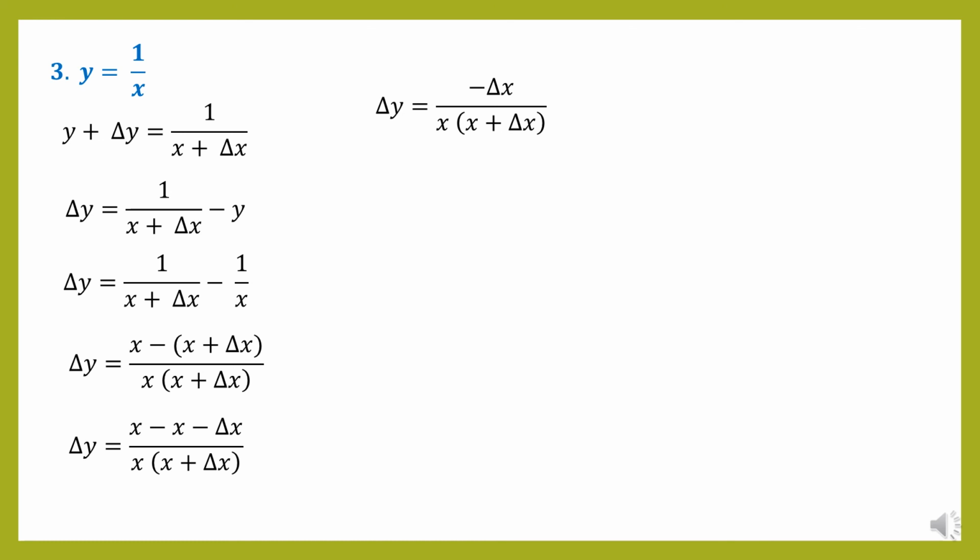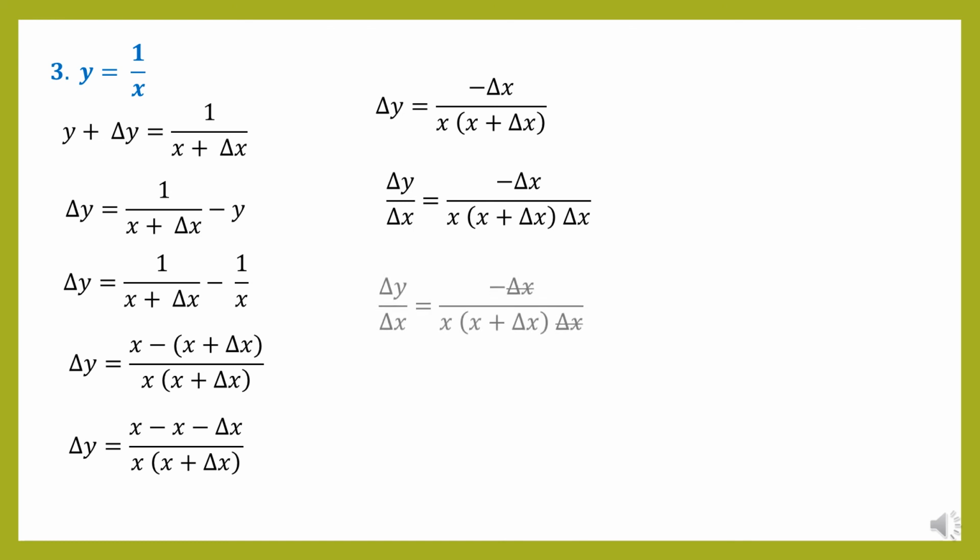And then the next is divide the entire equation by increment of x. So therefore, we have now increment of y all over increment of x is equal to negative increment of x divided by x times the quantity x plus increment of x times increment of x.